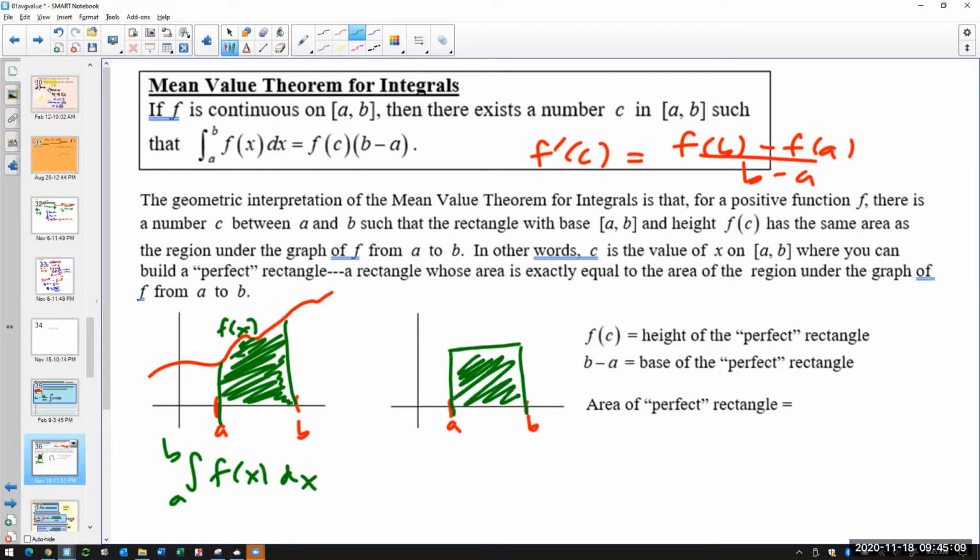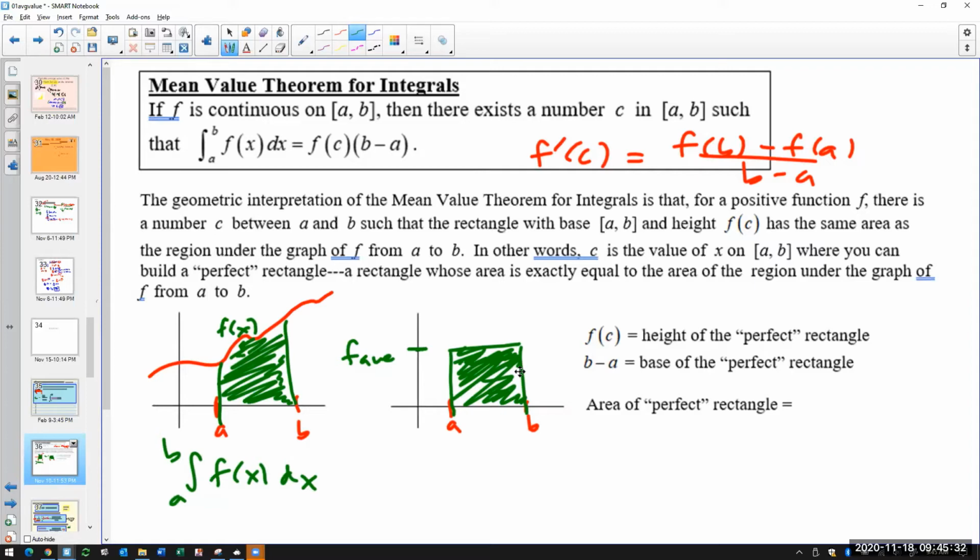I'm trying to copy the same area. So if I made this area the exact same, does that make sense? Then this is what it would look like. And this number here, if I duplicate the area, this y value here, that is what we call the average value. Okay, that is the average value.